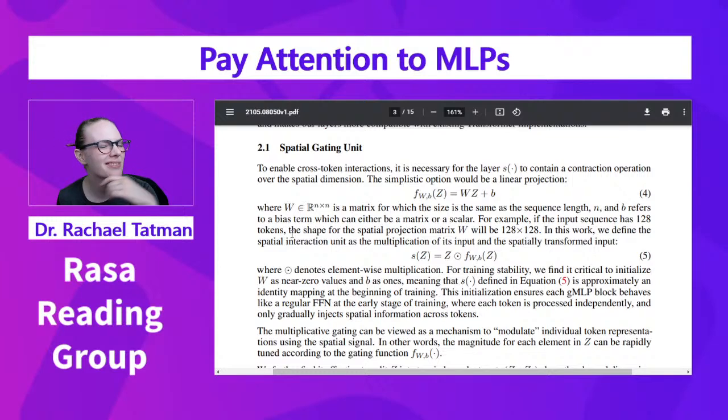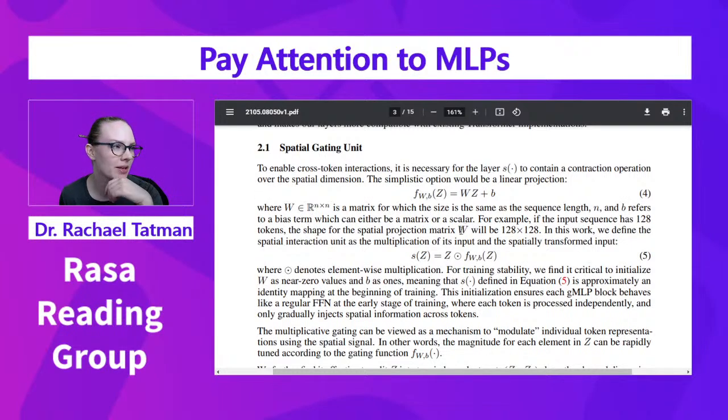I'm trying to remember the details of the BERT architecture. I know they use SentencePiece or WordPiece tokenization, and then I think they start with embeddings. I think you would still start with embeddings.